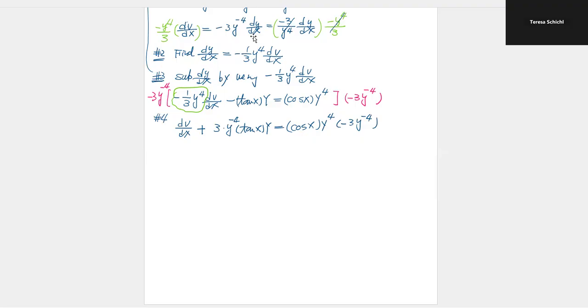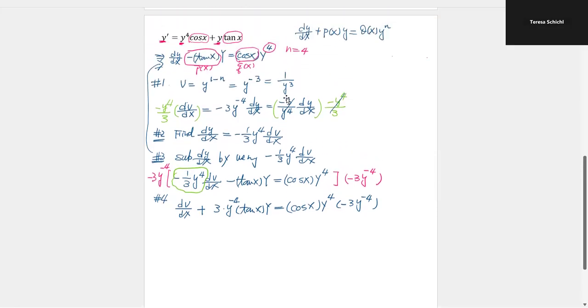I forgot; did I miss some y^4 cosine? Okay, y^4 cosine.